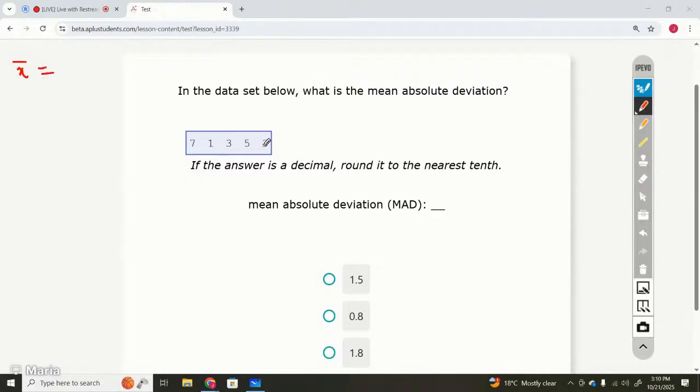Adding the values gives 19. 19 divided by 5 is 3.8. So the mean is 3.8.